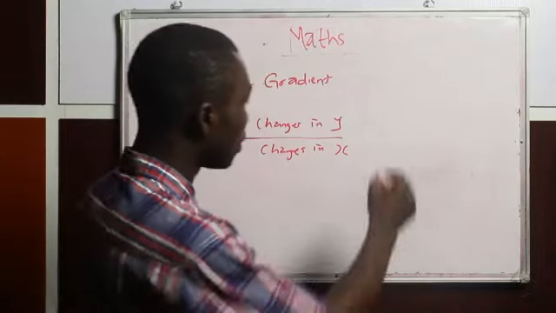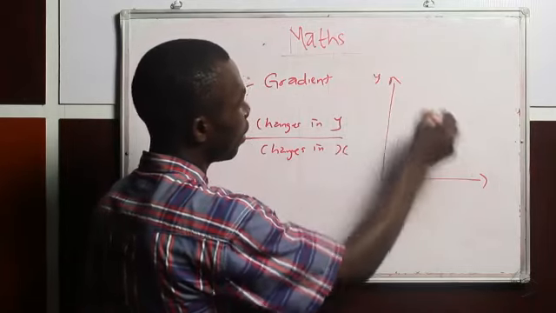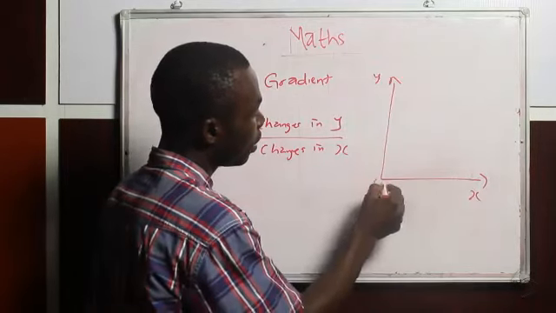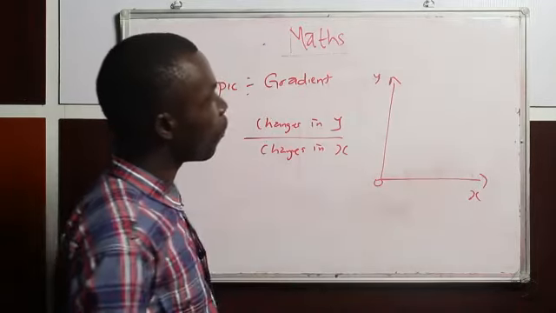Considering graphical method of showing variables x and y, performing an experiment that involves x and y, where we have y and x. These are our horizontal axis, these are our vertical axis.